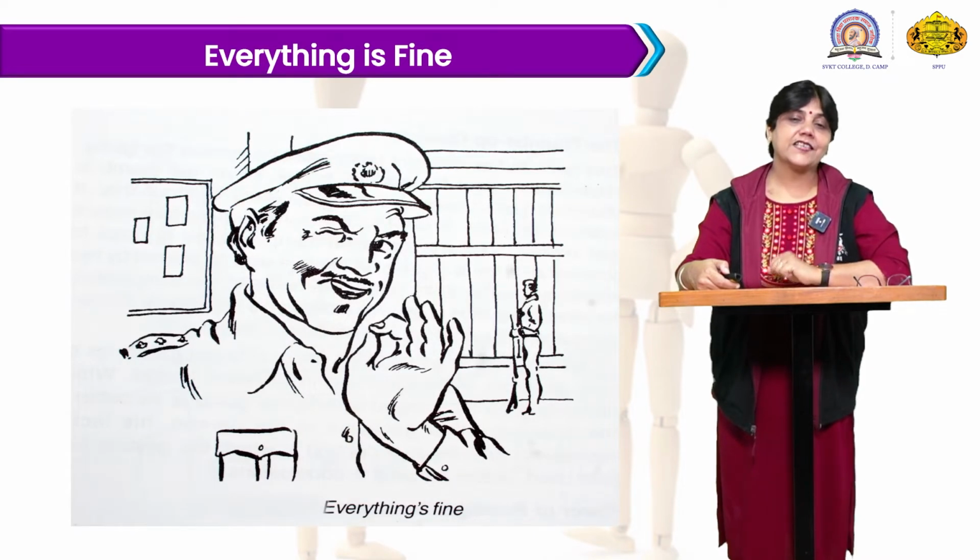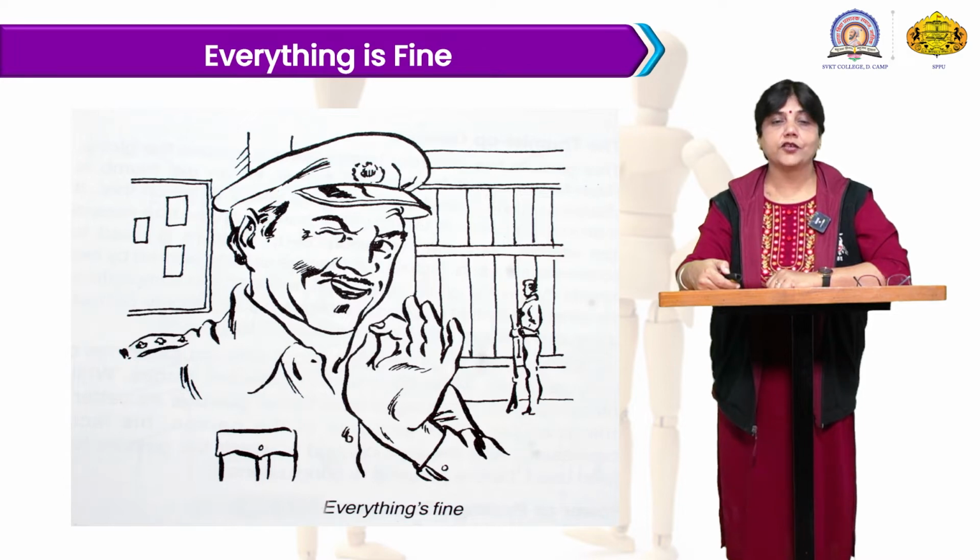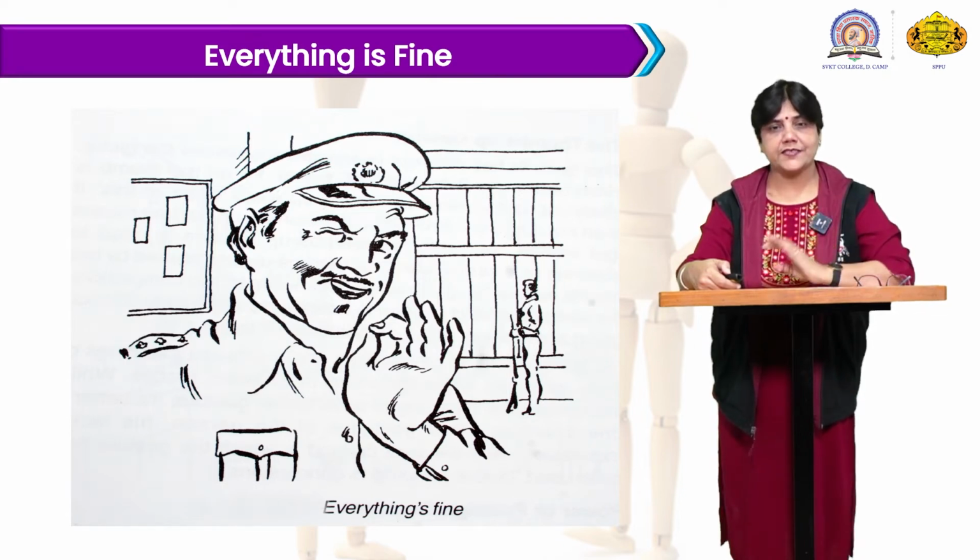See the sign in front of you, where you are using your thumb and your index finger, and a little bit through your eyes. You are conveying that don't worry, everything is fine, superb, fabulous.